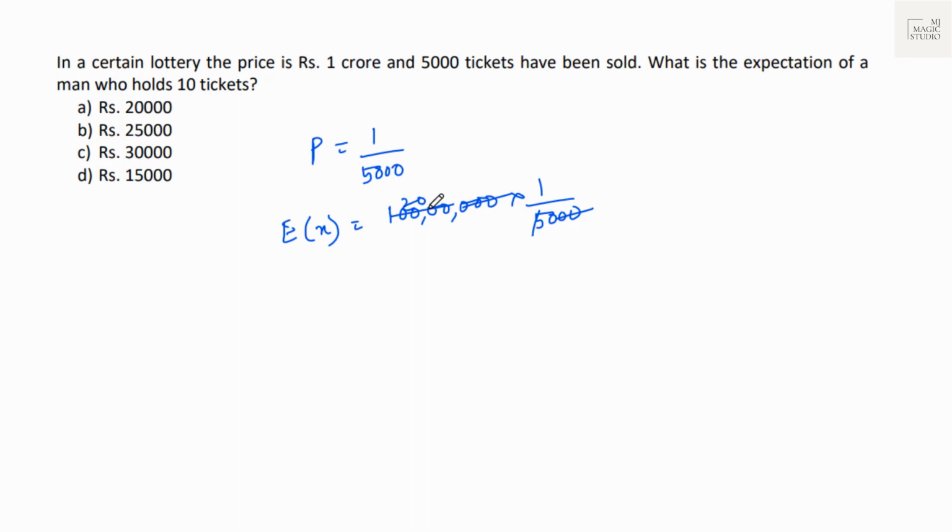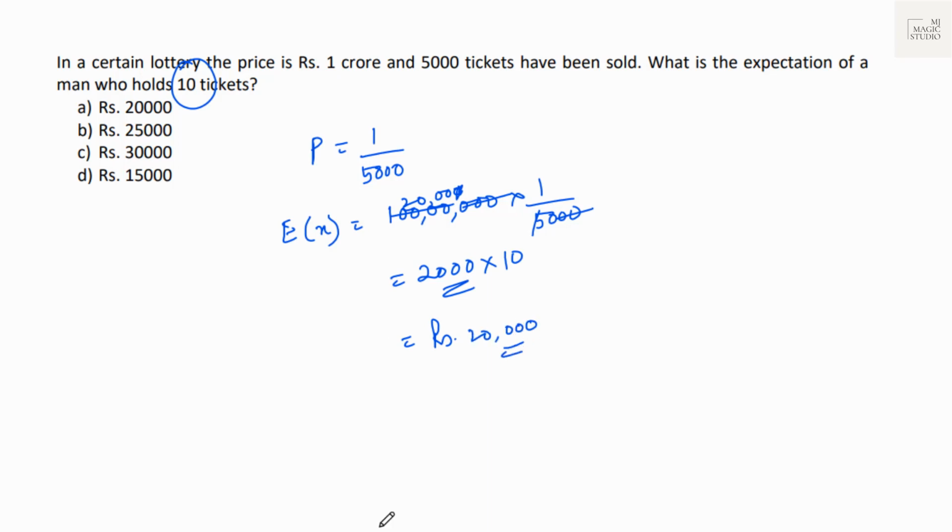So that comes to 2000. 2000 is the expectation of a person who is holding 1 ticket, but he is holding 10 tickets. So the total expectation is rupees 20,000.